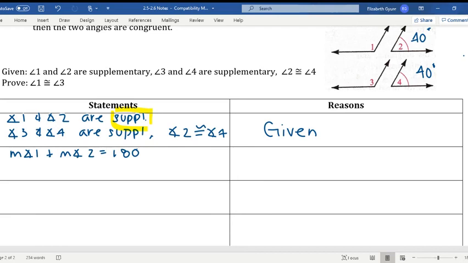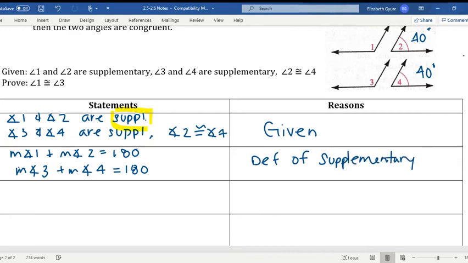But anytime you have two steps and they use the same reason, you can combine them if you want. So I'm also going to put the measure of angle 3 plus the measure of angle 4 equals 180. And that was from our vocab word, so the definition of supplementary angles.